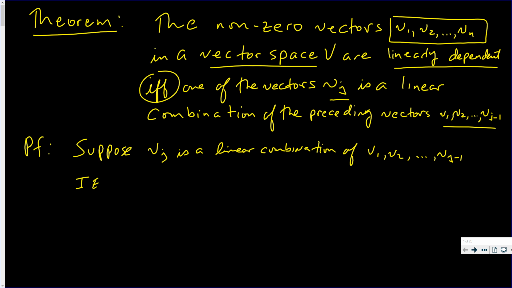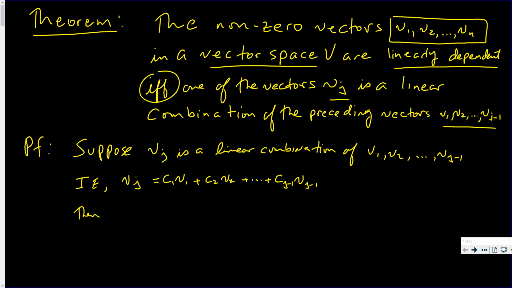That is, V sub j is equal to C1 V1 plus C2 V2 all the way down to C sub j minus 1, V sub j minus 1. Okay.